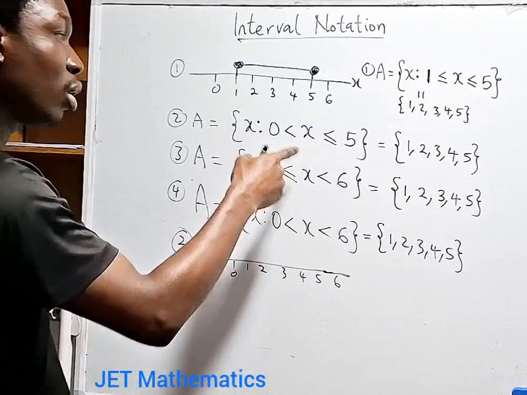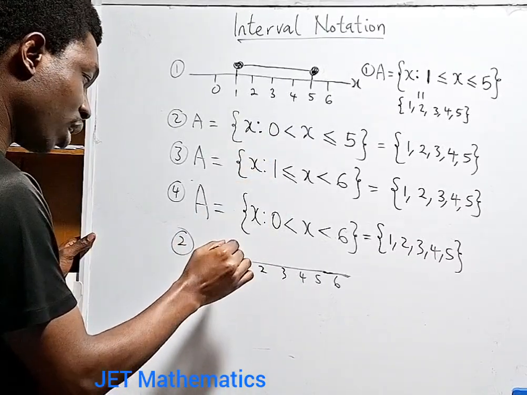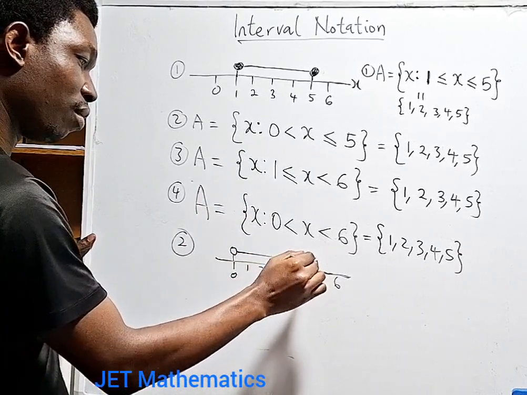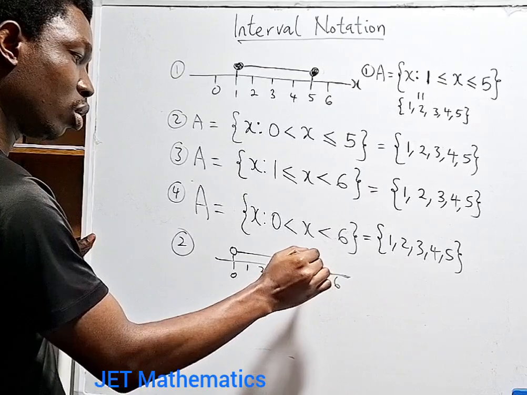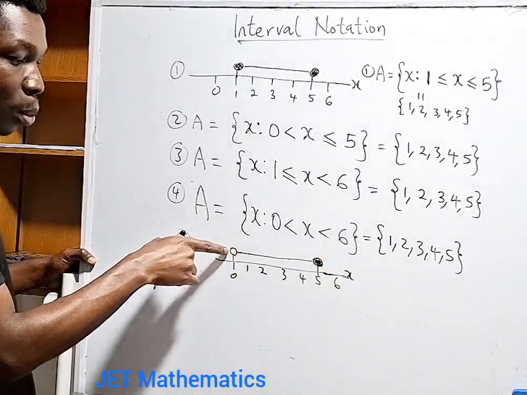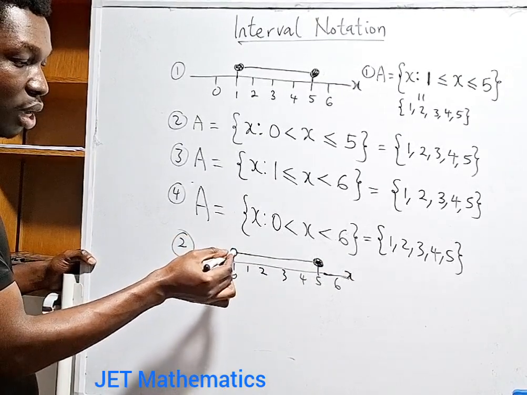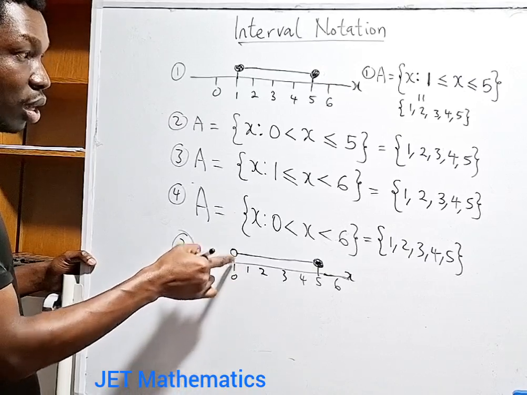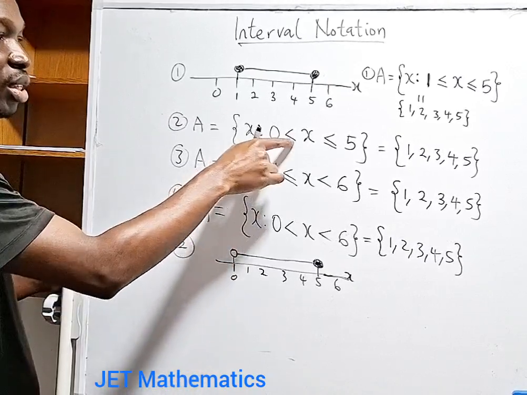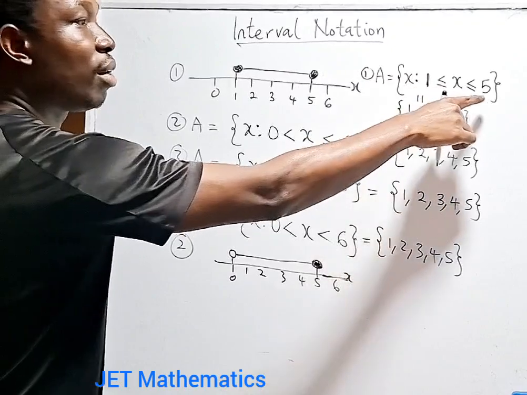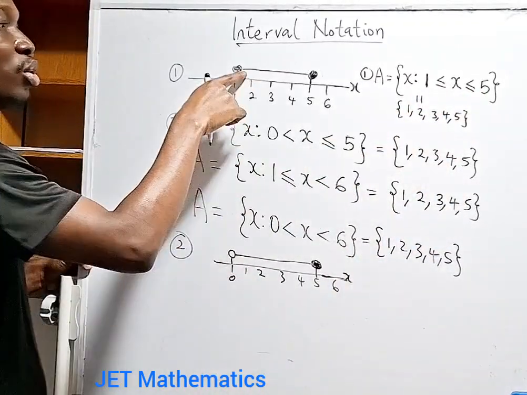So for 2, you have the set like this to 5. So you see now that I did not paint the 0 here, it is not shaded because 0 is not inclusive. Both are shaded because 1 and 5 are inclusive.